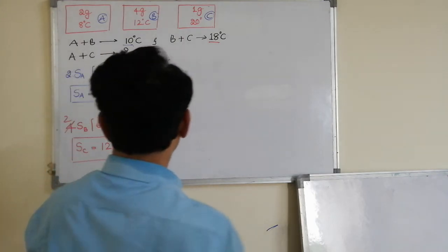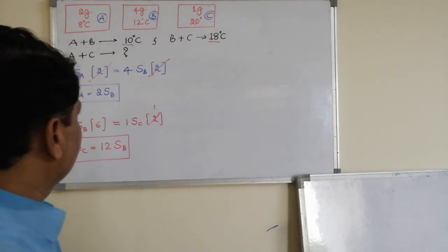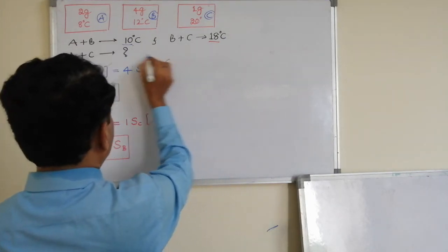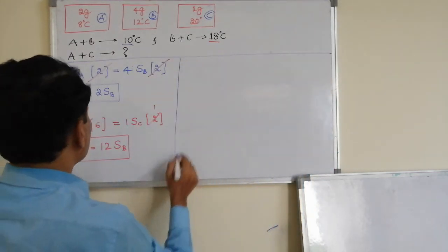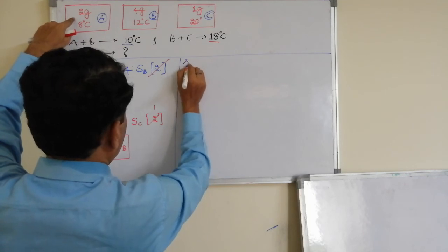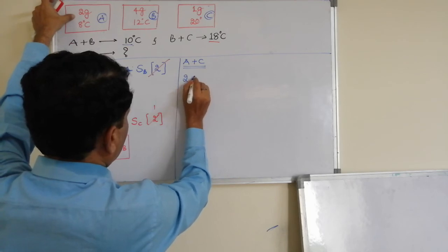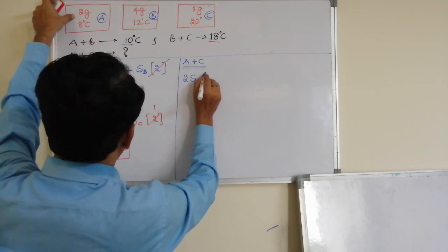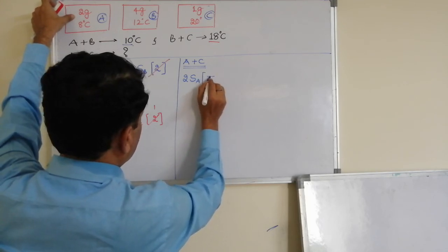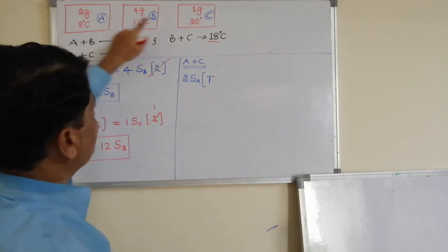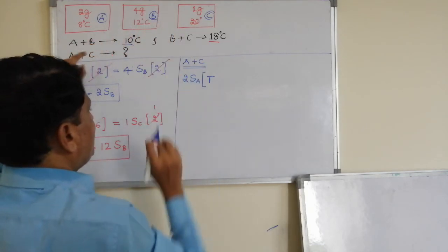So the next question is, when I mix A and C, what is the final temperature? First I'll take A plus C mixed, so it is 2 into specific heat of A. I don't know the final temperature, so say the final temperature is T. Because one is at 8 degrees and the other at 20 degrees, the final temperature is more than 8 and less than 20.